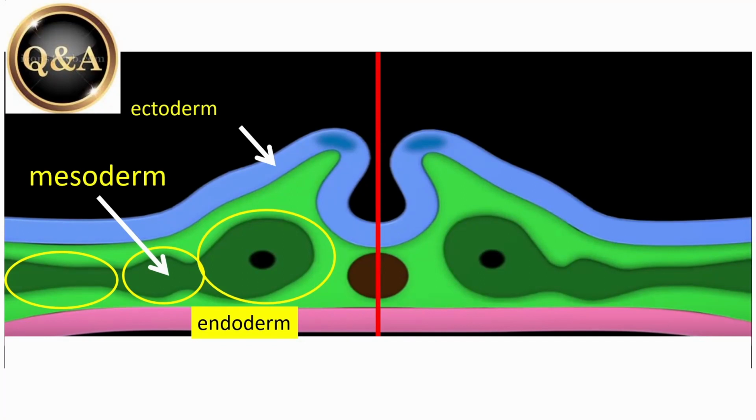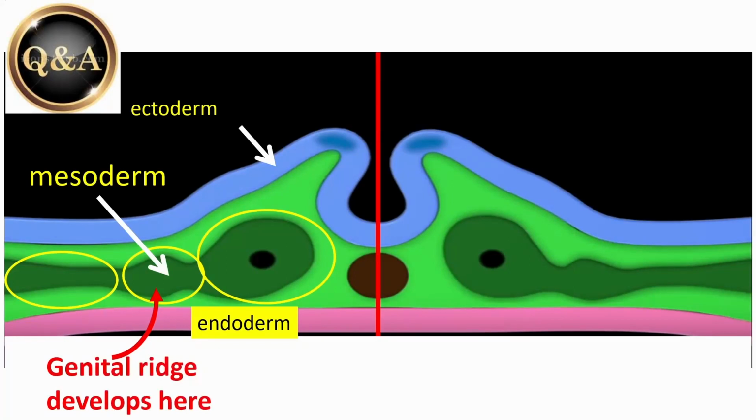We are discussing the place where gametes develop, and this place in the middle, the intermediate mesoderm, is going to house the very beginning of formation of the primary sex organs.